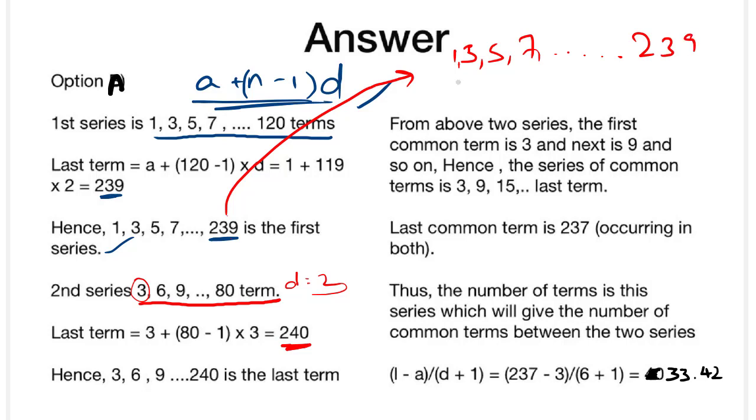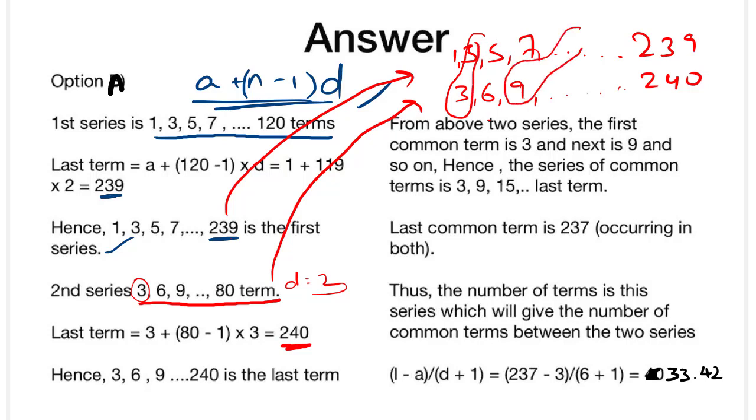From the second we'll get 3, 6, 9 and so on till 240. The common terms are 3, then 9, and then 15. These are the common terms till the last term, and we know the last common term is 237.